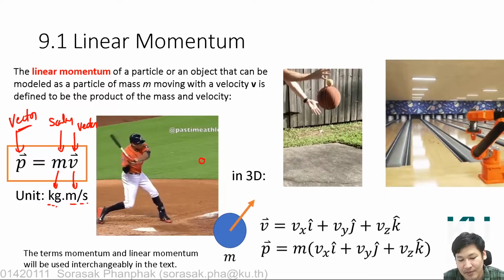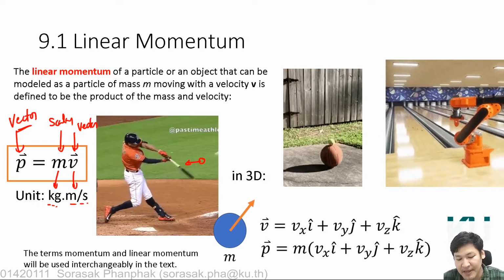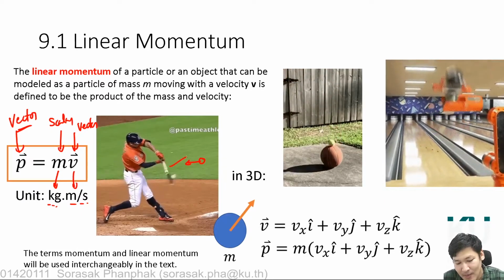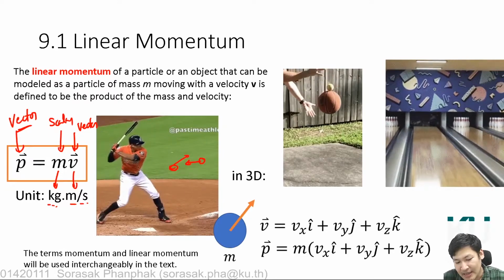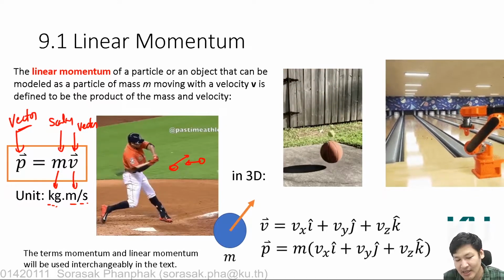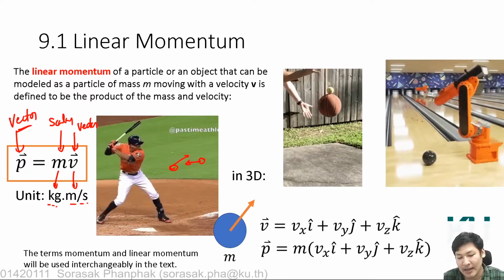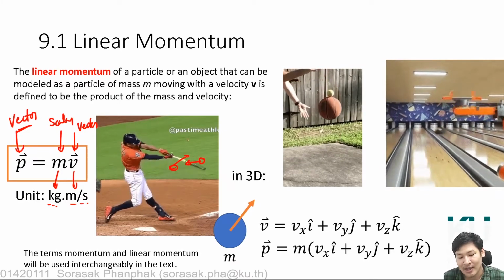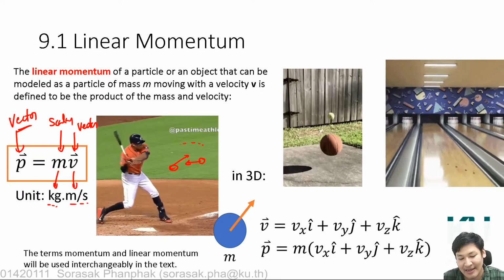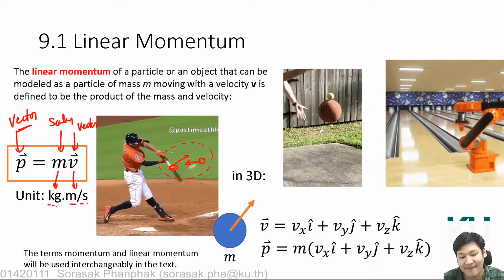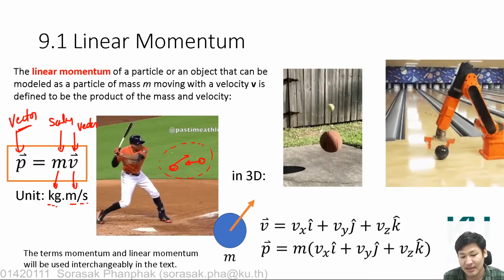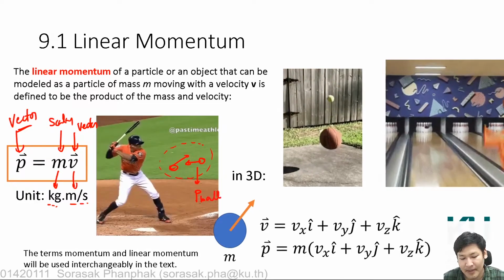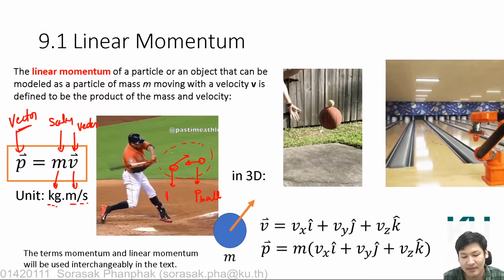If you look at the ball reaching the baseball bat, as this guy swings the bat in this direction, immediately before the ball hits the bat there are two different momenta. The first is the momentum of the ball itself, and the second is the momentum of the bat.